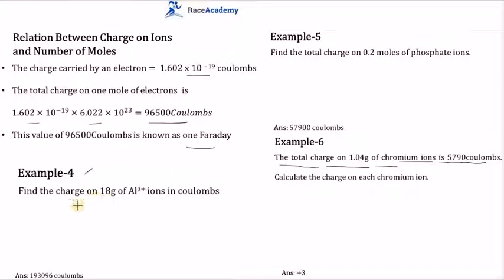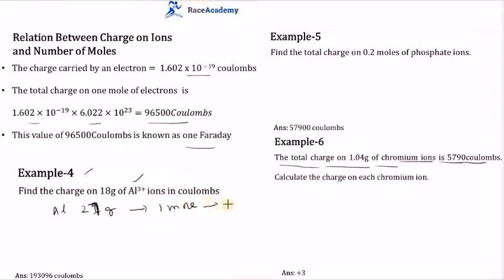Find the charge on 18 grams of aluminum plus 3 ion in coulombs. First of all, what is the aluminum formula? Aluminum formula is Al and its atomic mass is 27 grams, and this 27 grams is nothing but 1 mole.